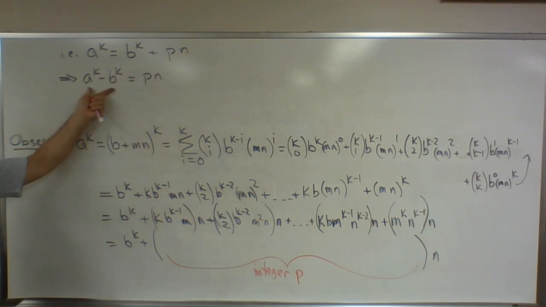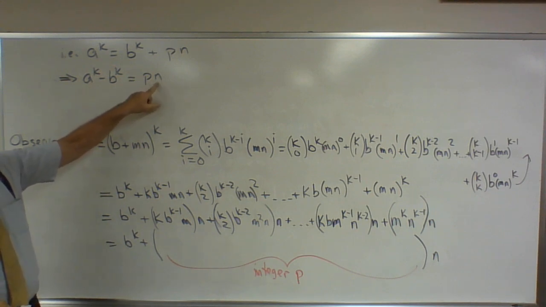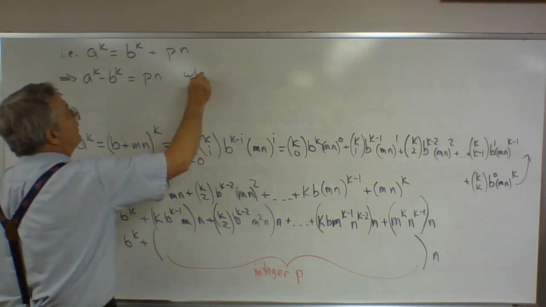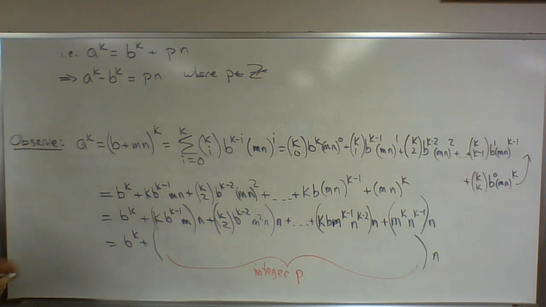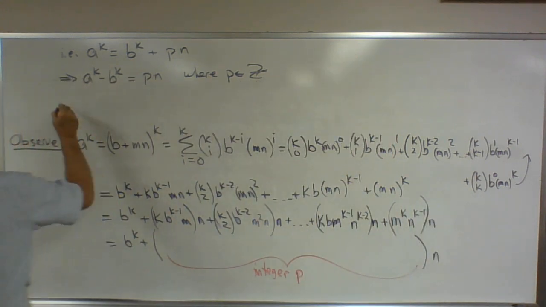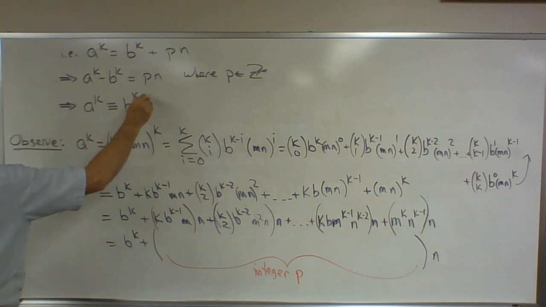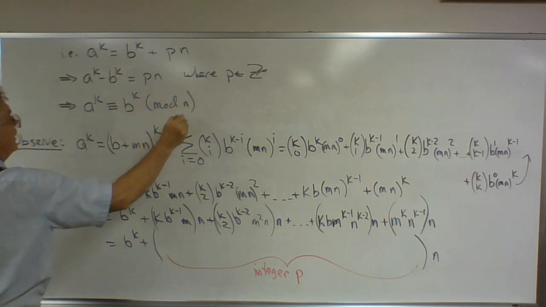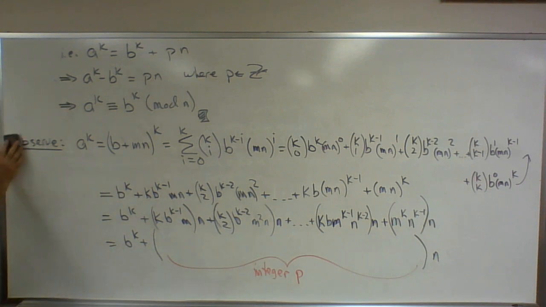That is, a to the k minus b to the k is some whole number, some integer multiple of n. Well, let's see. If these two things differ by a whole number multiple of n, then they're congruent modulo n. And that concludes our proof.